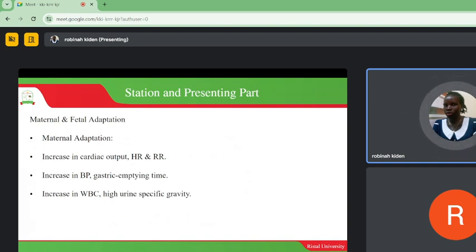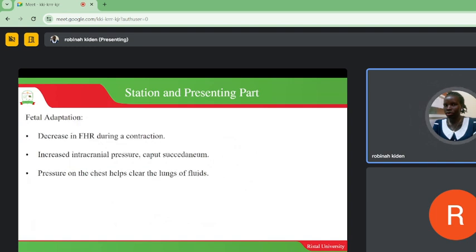This means that when the mother eats during labor, the food may not be digested immediately. It will take time for that food to move from the stomach into the small intestine. Then there is an increase in the white blood cell count, and a high urine specific gravity can also occur.